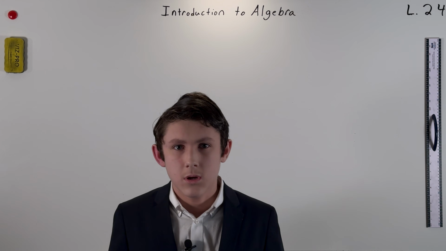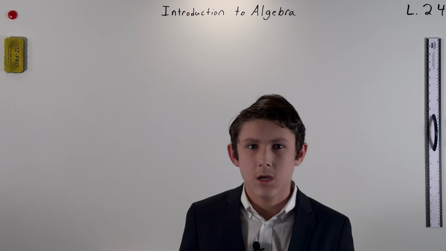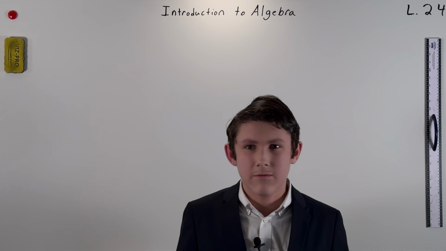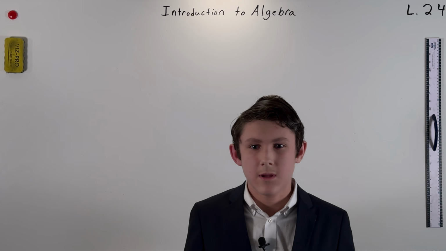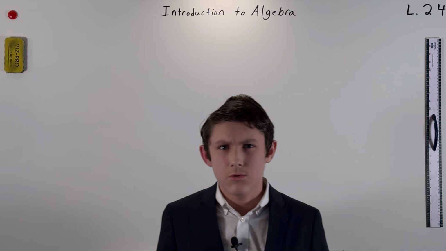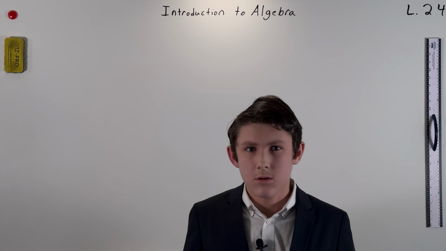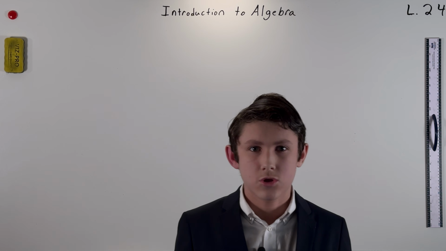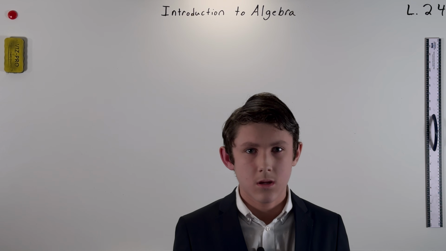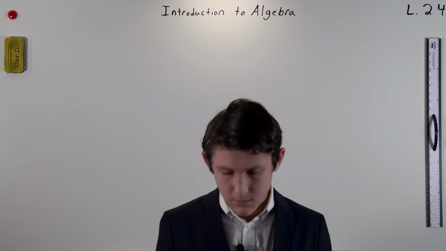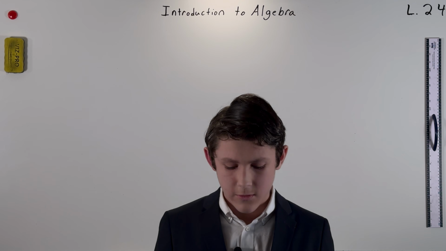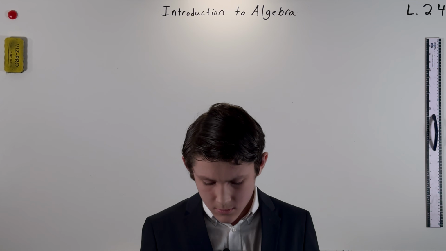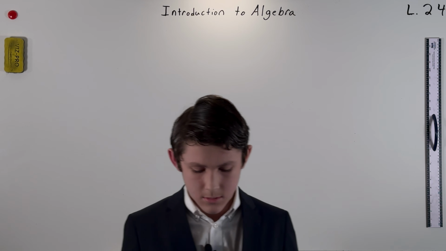Anyway, I'll give you a brief talk on the history of algebra, how it came to be what it is now. The father of algebra was a Persian man named Al-Khwarizmi, who was a mathematician, a scholar, and I believe an astronomer. He founded algebra by making a systematic, logical method for solving linear and quadratic equations.